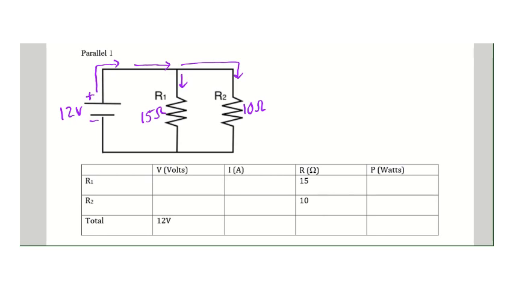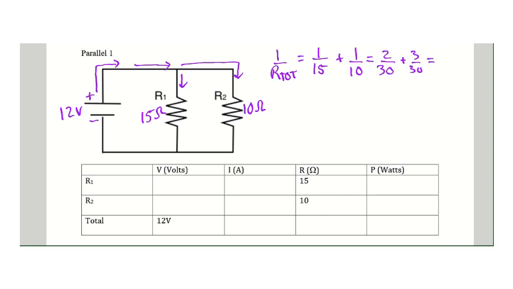So let's write that down. 1 over R total is equal to 1 over 15 plus 1 over 10. Now, you're adding fractions, so of course you realize you're going to need a common denominator. Common denominator of 15 and 10 is 30. So 1/15 as a fraction over 30 is going to be 2/30. 1/10 as a fraction over 30 is going to be 3/30.